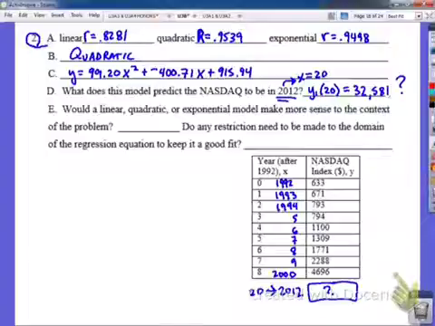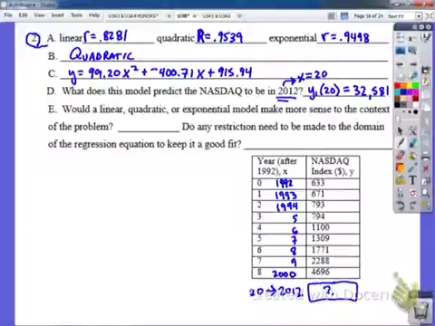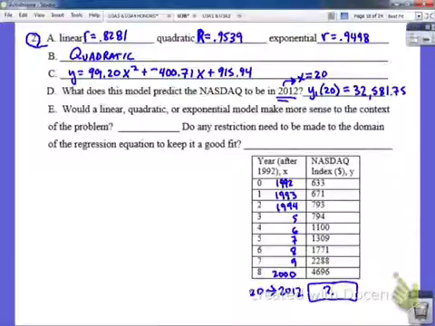If we're going to go with just a whole number, then let's go with 32,582. So there it is. That's what would be predicted by our quadratic model.